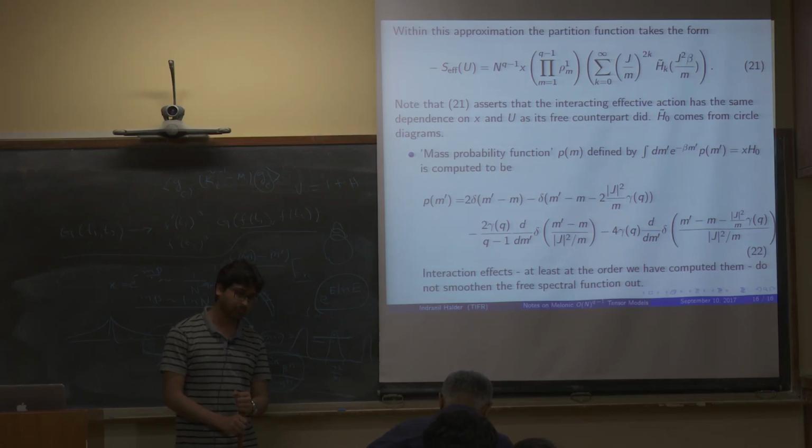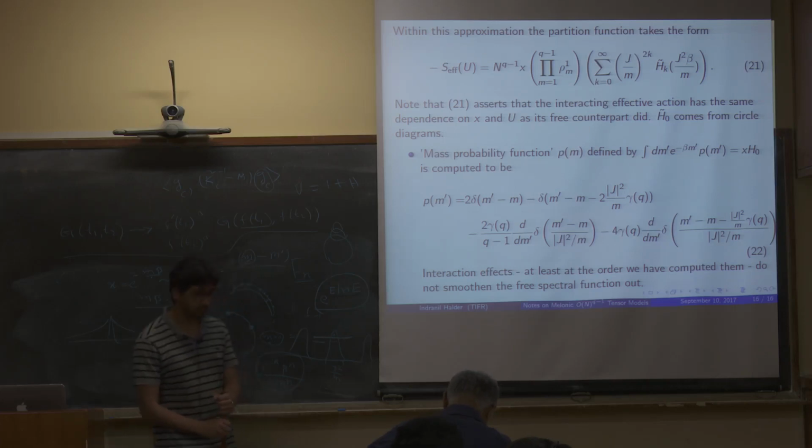You can do that. And then he notices that the effect of turning on this interaction is exactly the same as the following effect. Assume that all your fermions did not have the same mass, but there was a distribution of masses in your fermions. Just an algebraic observation. But this would give you the same answer for the holonomy effect.